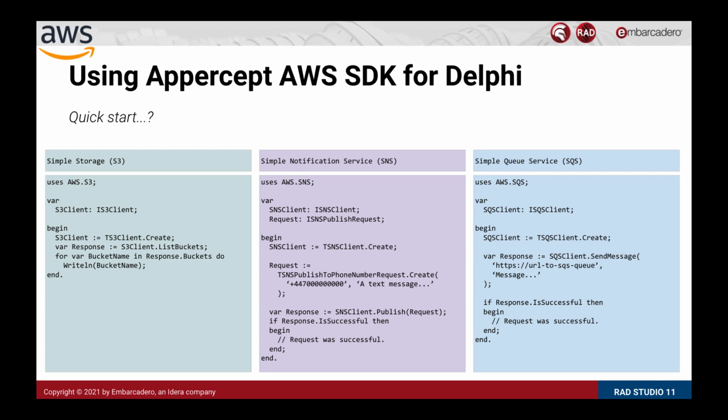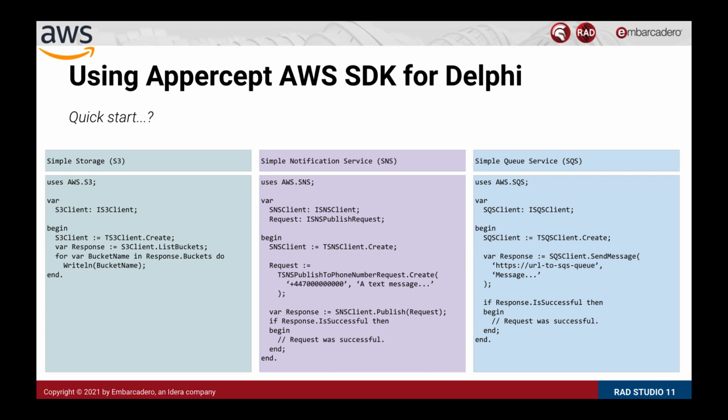The difference here is I've defined a request object, which is an ISNS publish request, and I'm creating that request object to be a TSNS publish to phone number request. Within that, there are 2 required arguments: a telephone number to send a text message to, and a string for a message to send to that telephone number.